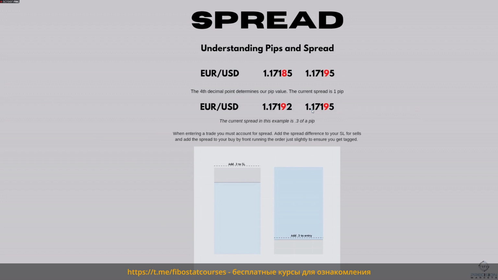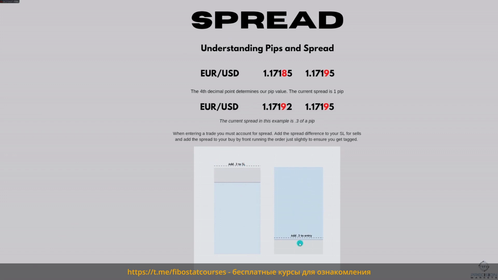With smart money concepts, this trading style requires very tight stop losses. I recommend you have a very good broker with tight spreads and low commissions. I'll recommend one somewhere in the description. Now the way spread works is, let's say your spread on Euro USD is 0.3 of a pip. When you're selling, you're going to add 0.3 of a pip to your stop loss.